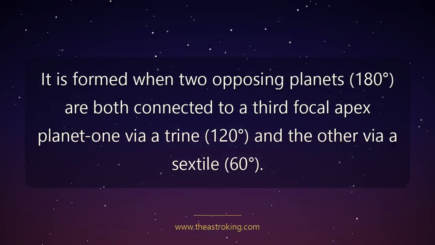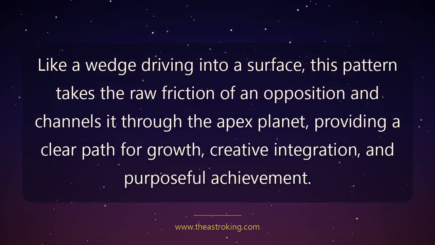It is formed when two opposing planets, 180 degrees apart, are both connected to a third focal apex planet, one via a trine, 120 degrees, and the other via a sextile, 60 degrees. Like a wedge driving into a surface, this pattern takes the raw friction of an opposition and channels it through the apex planet, providing a clear path for growth, creative integration, and purposeful achievement.